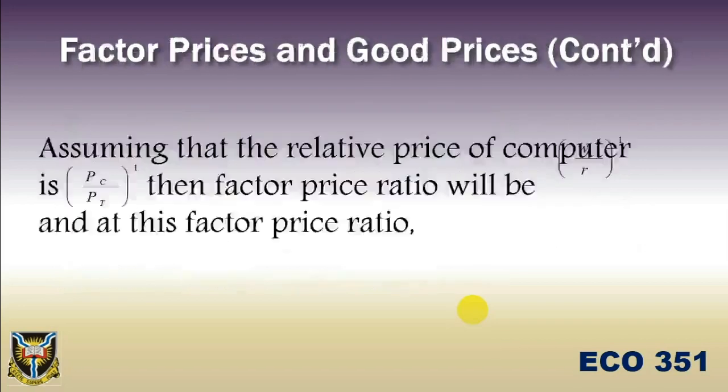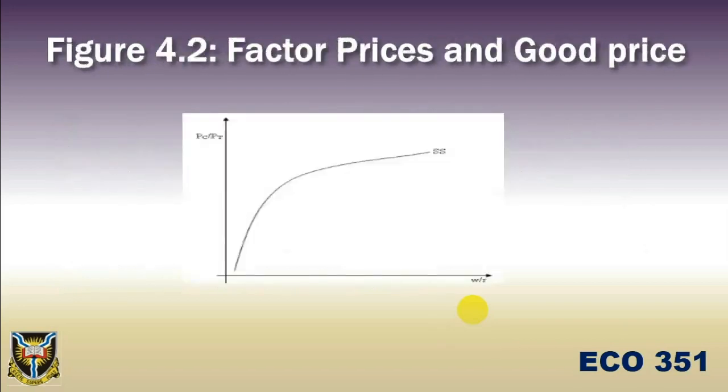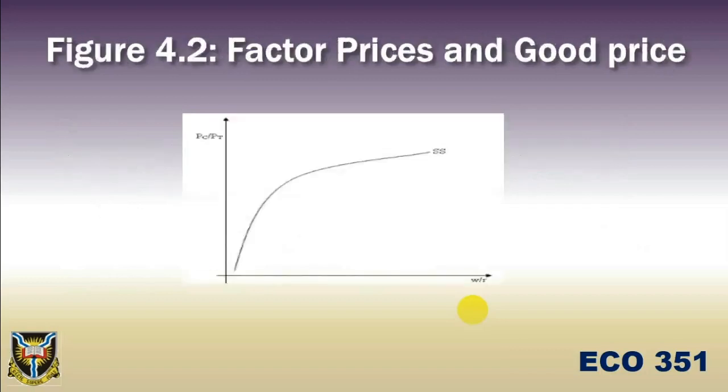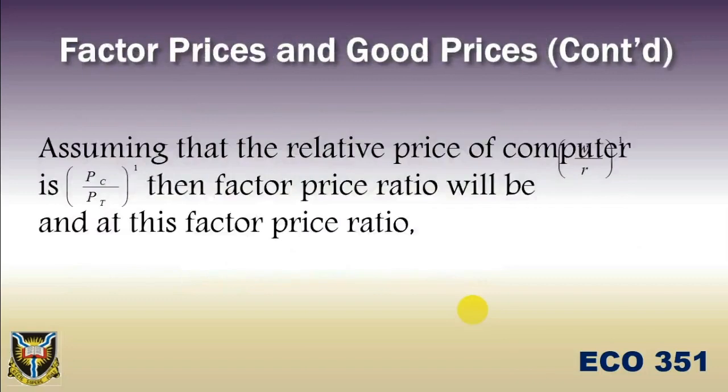We can use figures 4.1 and 4.2 to show the relationship between goods prices and factor prices. To do this, place figure 4.2 beside 4.1 and let it face the left side, as shown in figure 4.3 below.